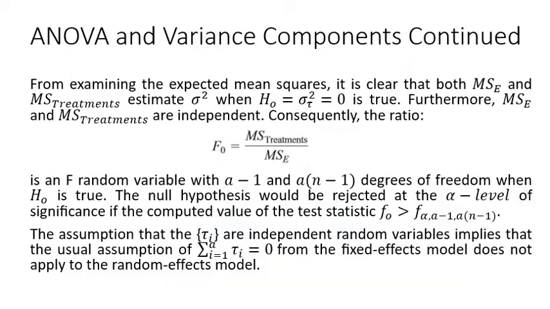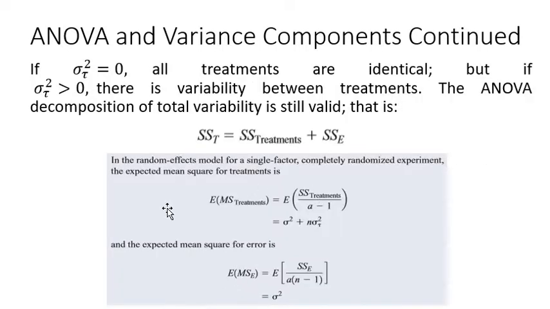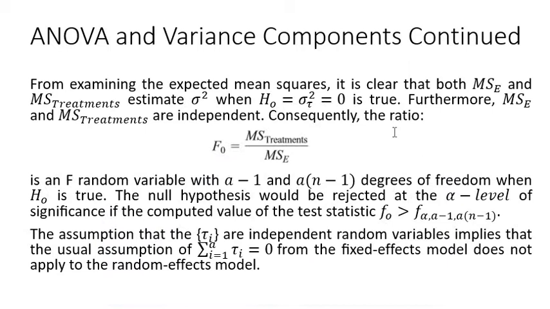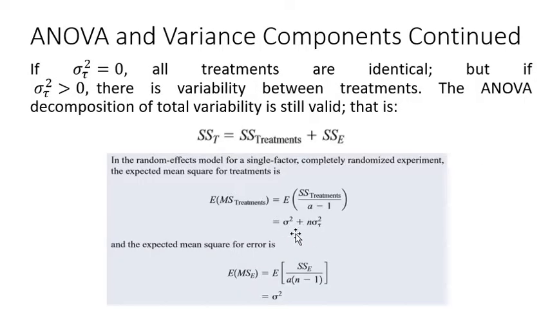From examining these formulas, it is clear that both the mean square of the error and the mean square of the treatments estimate the sigma squared, right? Because you notice that they are equal to the sigma squared.